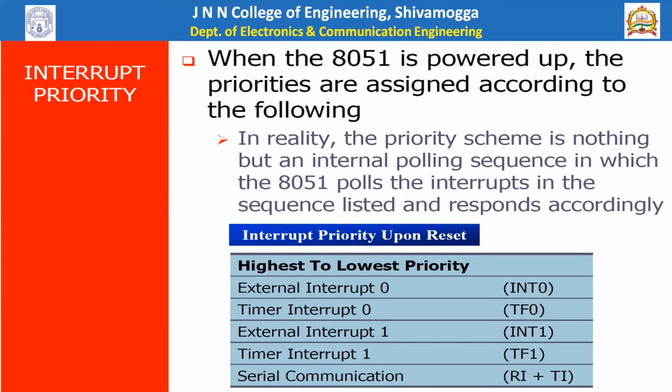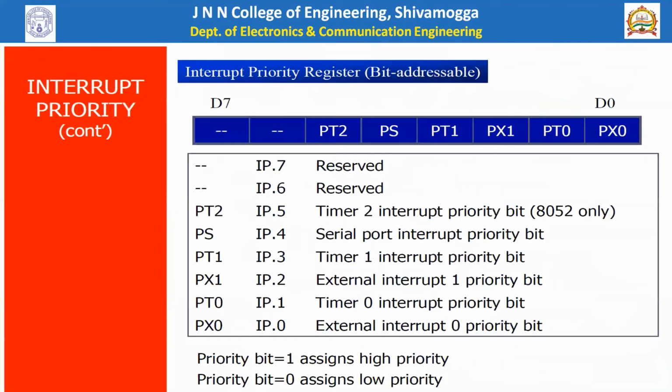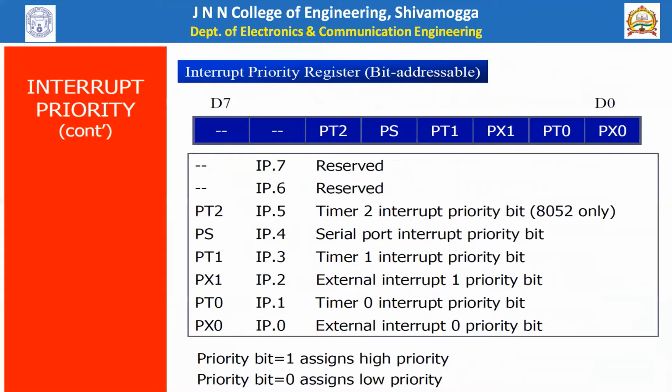Among these, if any priority assignment needs to be changed, then you have to program a register called the interrupt priority register. That is a particular bit here.